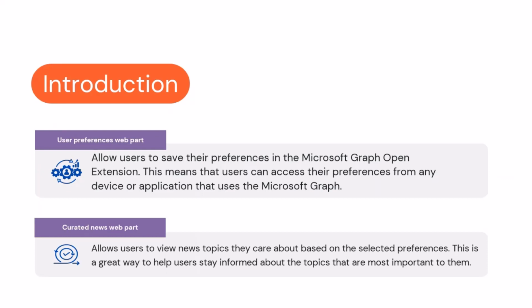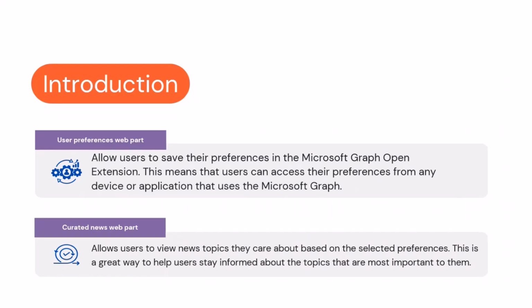You can save the user preference in there, similar to the user profile, and then when the user hits the home page of your intranet, you grab the user settings from the open extension and use that as part of your SharePoint Online search API if you're building the search query, or however you want. Basically, it might be a simple SharePoint REST API call. So you're able to get the user preferences via the Graph Open extension, and then use them in your application and show the user the targeted content they are interested in.